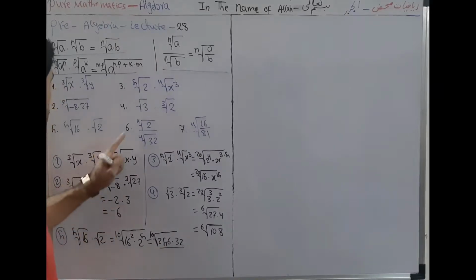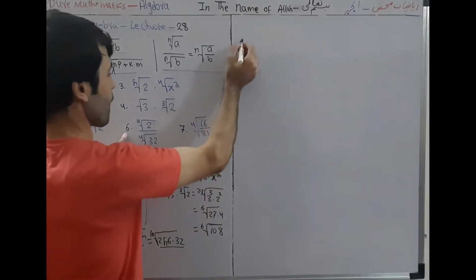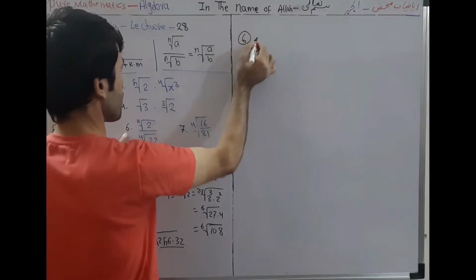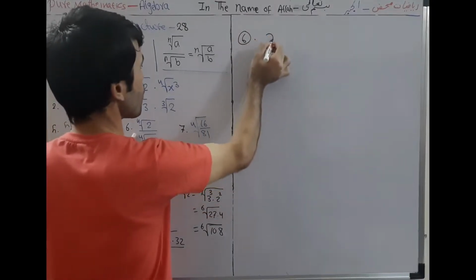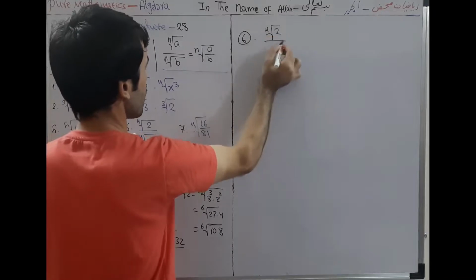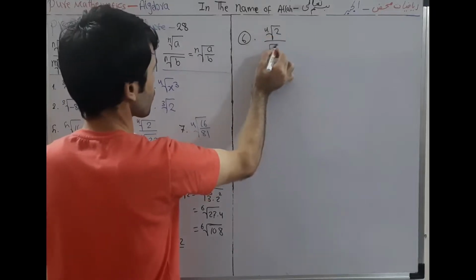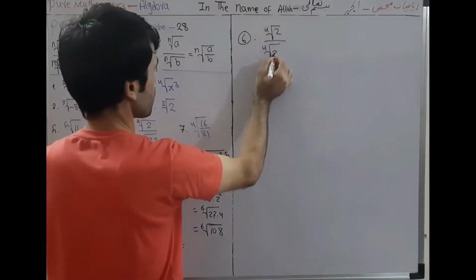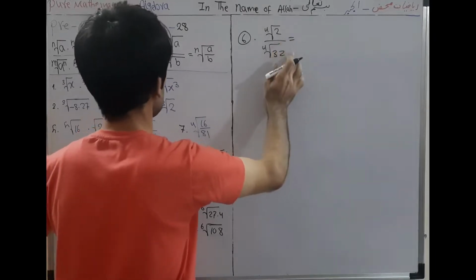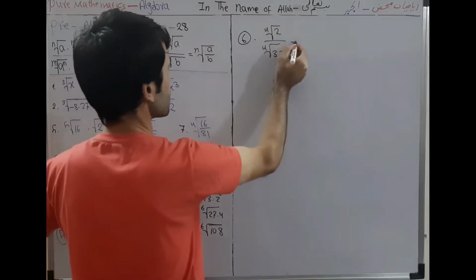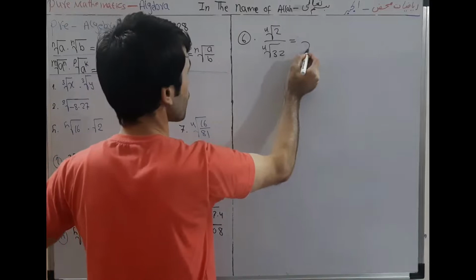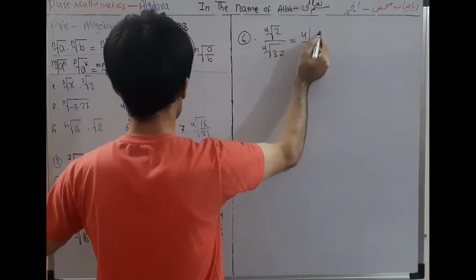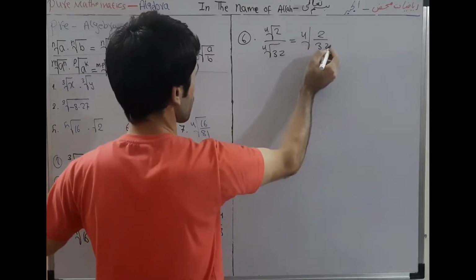It was question 5. Question 6, the fourth root of 2 over the fourth root of 32. It is equal to, we take one root, 2 over 32.